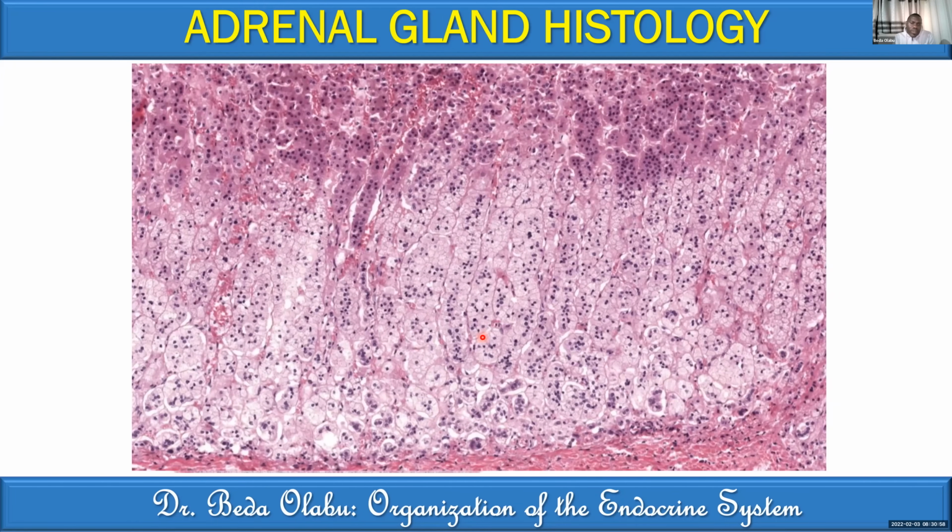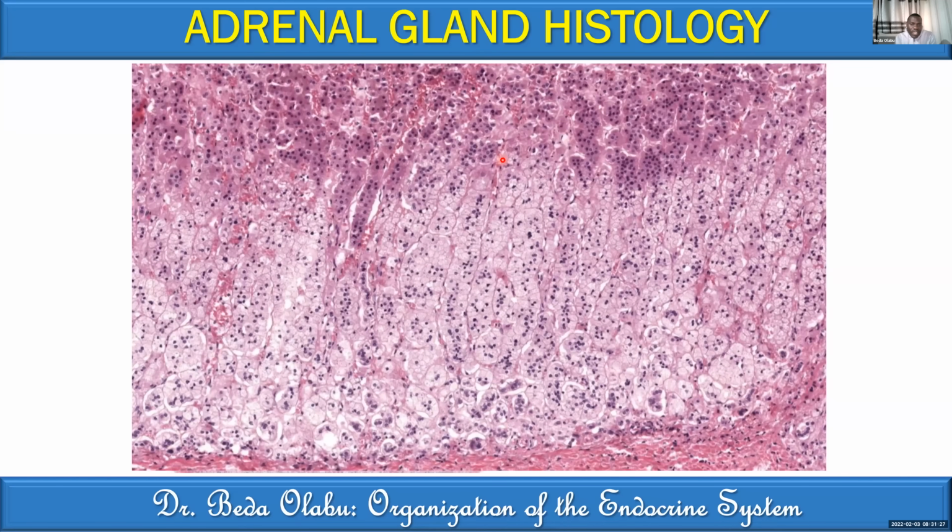Now look at the cords near the capsule. They seem to appear like circular cords or arcing cords. So the region that contains the arcing cords is known as zona glomerulosa. Then from here, or around there, up to somewhere there, consists of cells arranged in columns.